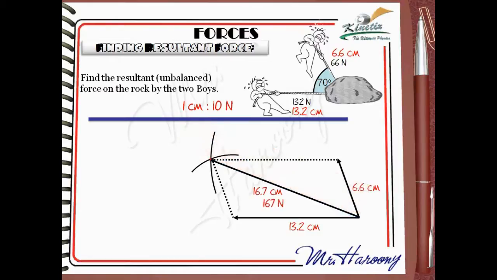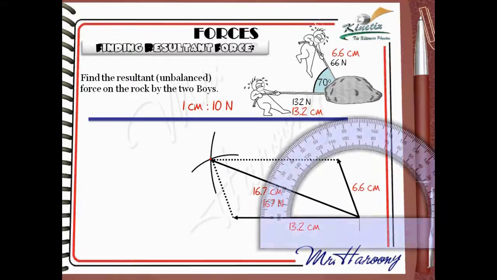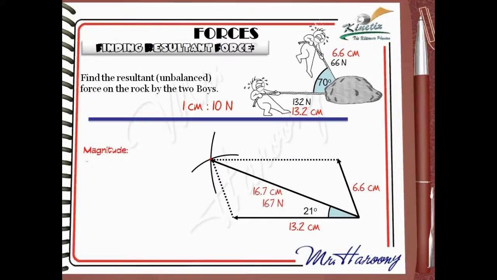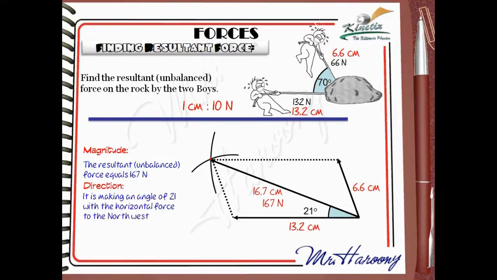Do not forget to find the direction of the resultant force by measuring its angle with your reference force, the horizontal force. The protractor shows the angle is 21 degrees, so we can say that magnitude: the resultant unbalanced force equals 167 newtons. Direction: it is making an angle of 21 degrees with the horizontal force to the northwest.